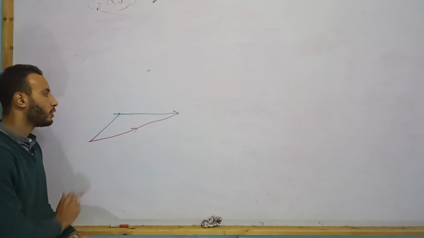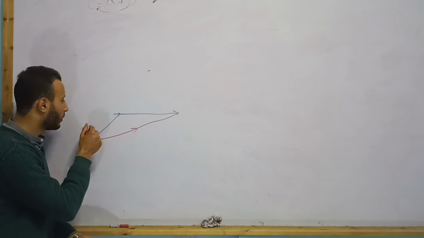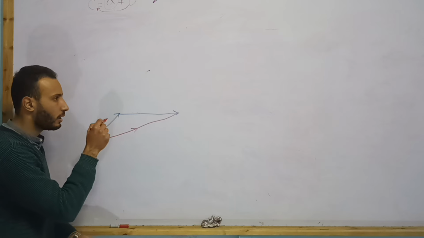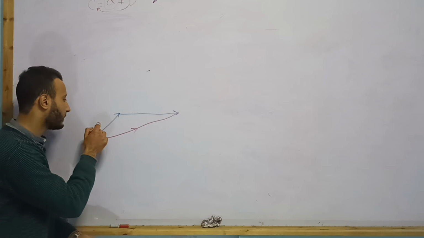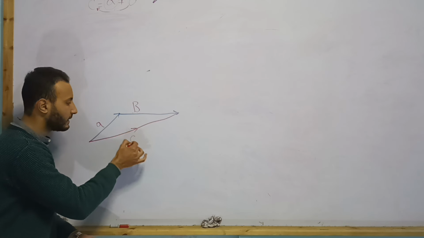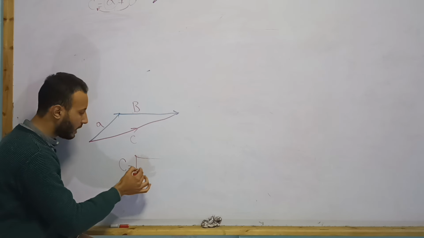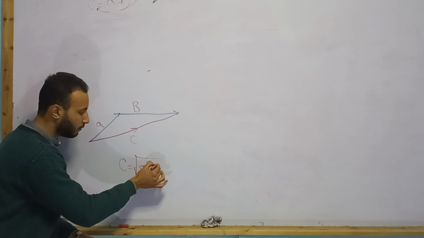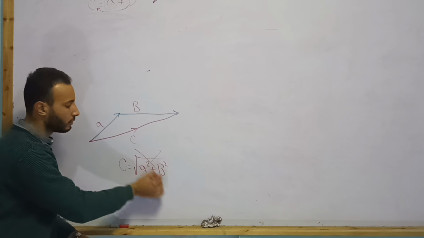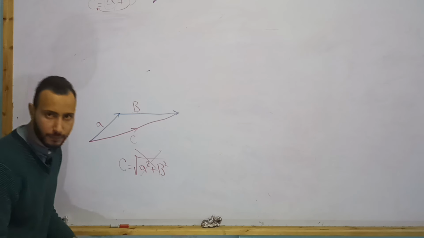So we don't have a right angle here to use, for example, root a square plus b square. So this is a, this is b, and this is c. Could we say c equals root a square plus b square? No, wrong, because this is not a right angle.